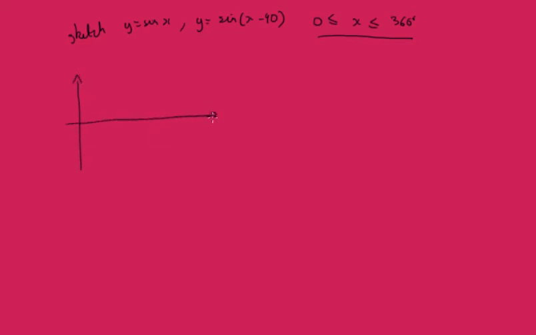So for our y equals sine x, we just do a little sine graph. And we'll put some numbers in, 90, 180, 270 and 360. It's important you put some values on the axes, 1, minus 1.